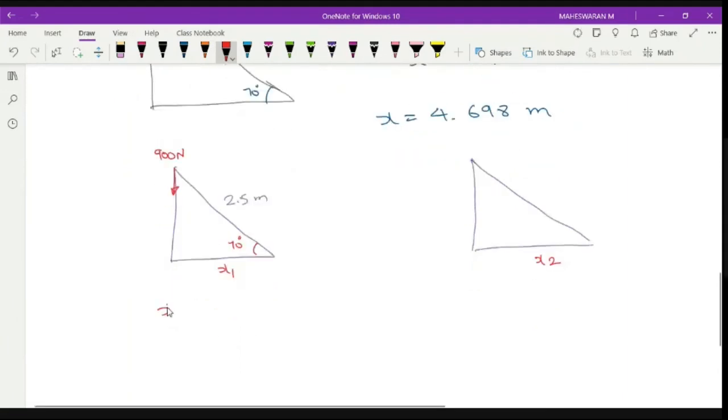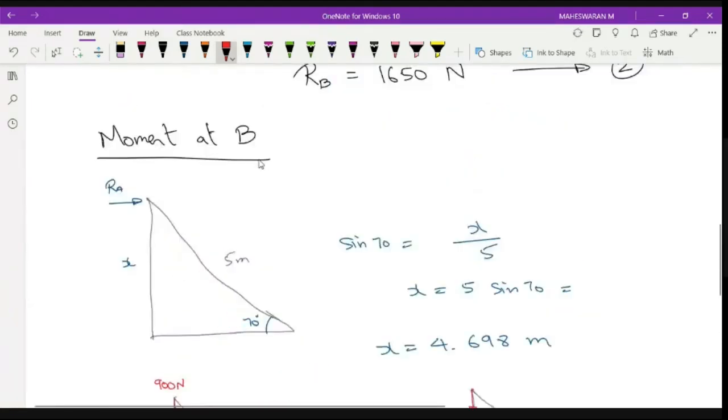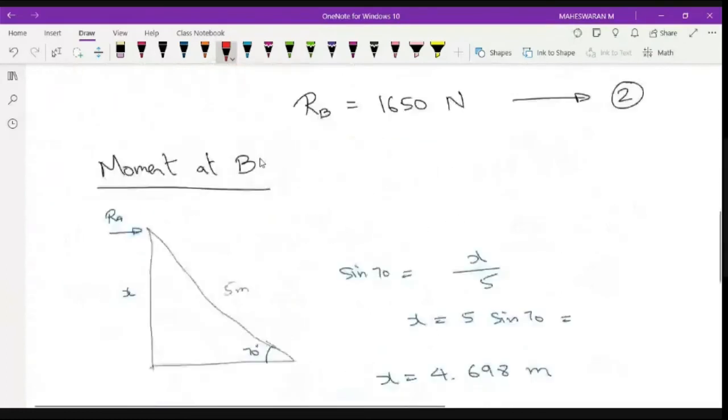So x1 will be 2.5 cos 70 degree because it is the adjacent side, right? So what will be my x1? 0.855 meter. Similarly, here this is 1.5 meter. So this is for the 750 Newton, 700 or 750? 750 Newton, right?